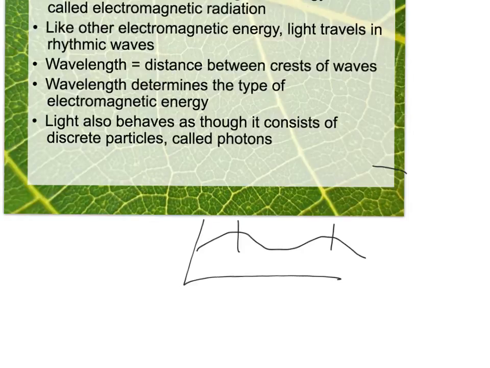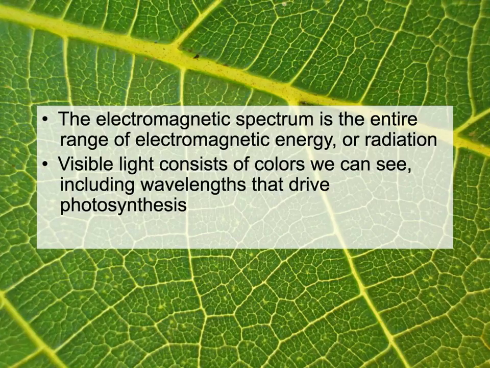Those are very low frequency and very long wavelength types of energy. Visible light is just a small portion of the electromagnetic spectrum, and there are a lot of other types, like I said, the X-rays, gamma rays, cosmic rays. Those are all different rays that are part of the spectrum.